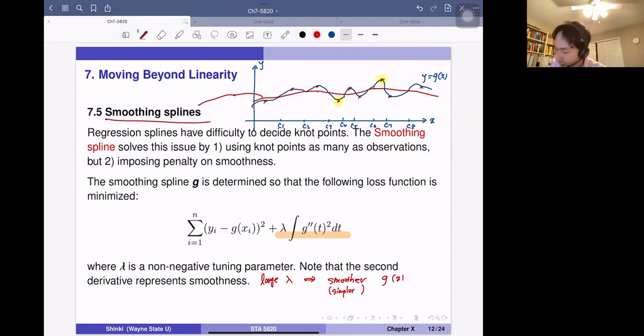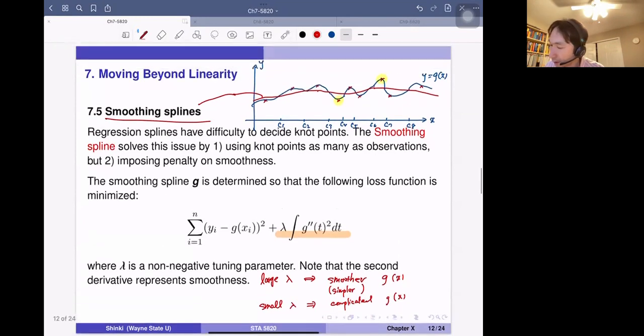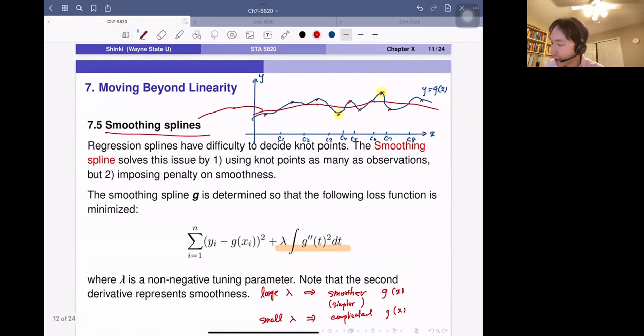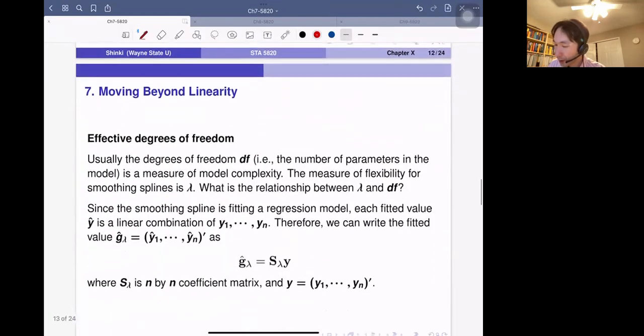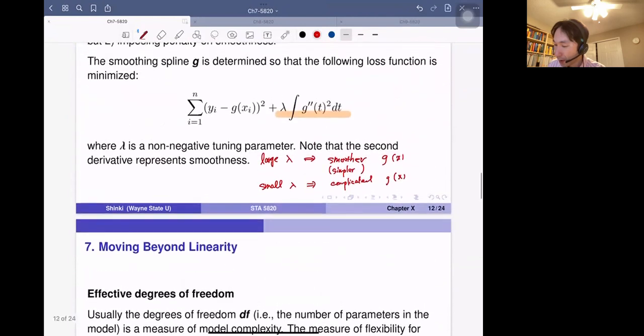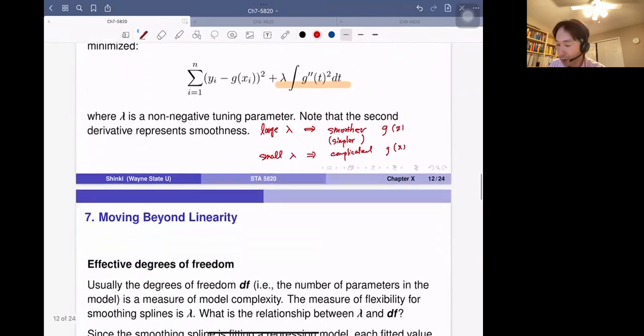And a smaller lambda means a more complicated g(x) is estimated. So this one is fantastic in the sense that we don't have to choose the knot points, so probably it's much easier to use.